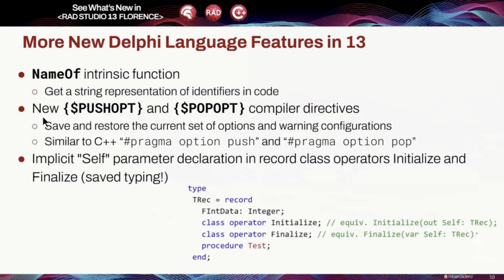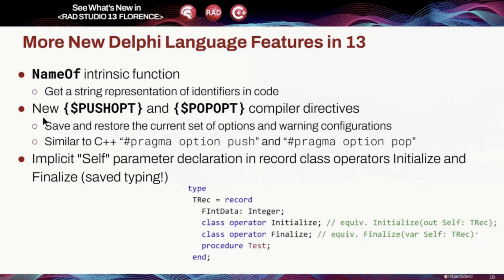We have a name of function, which lets you get a string representation of almost any identifier in your code. There are new push opt and pop opt compiler directives, similar to the C++ pragma option, which allow you to save the compiler options at a given point in time and then restore them later on.